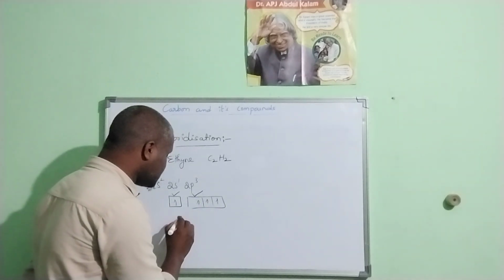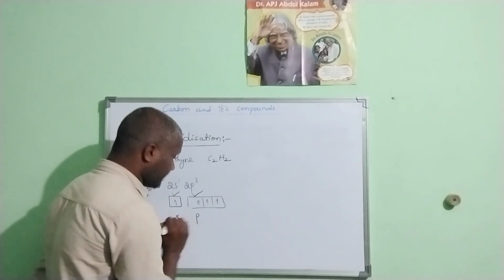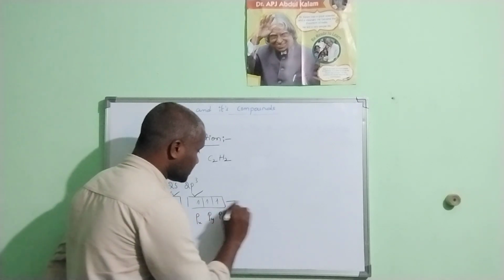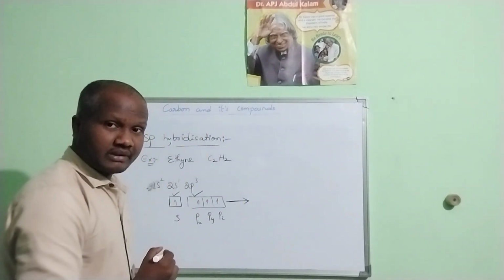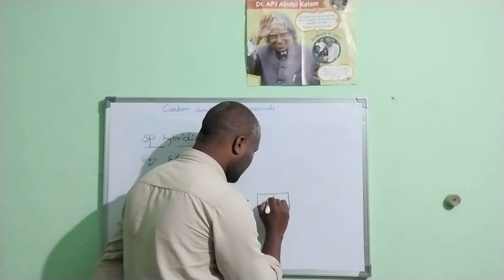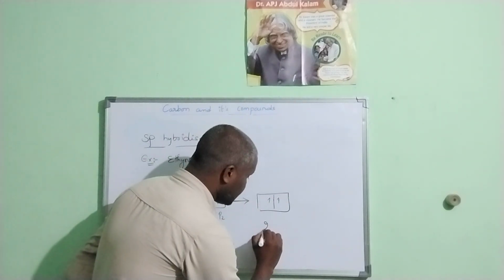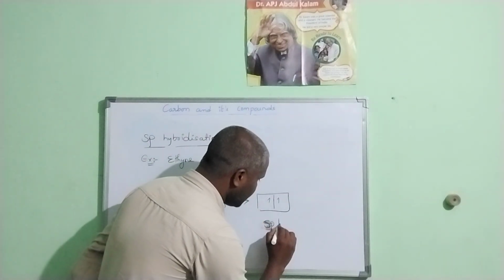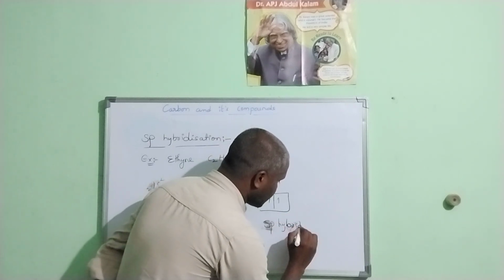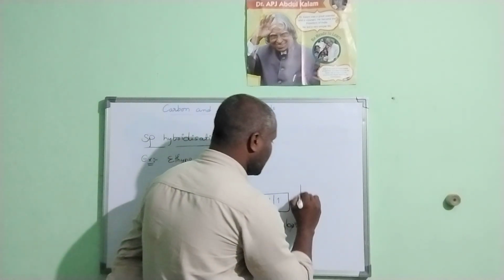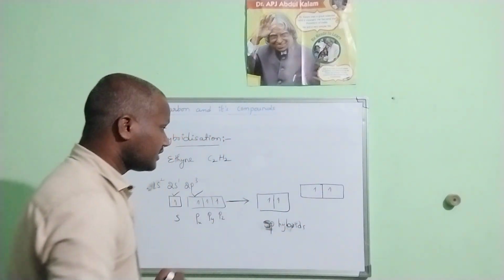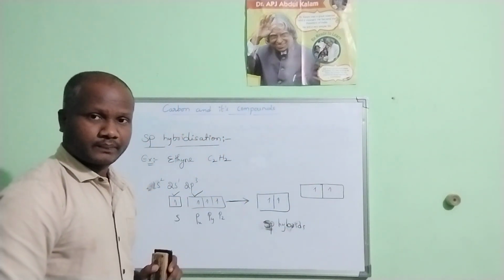So after hybridization, only s and px are involved in the hybridization process. After that, we get 1, 2, that is nothing but sp hybrids, and the remaining 2 are not involved in the hybridization process.